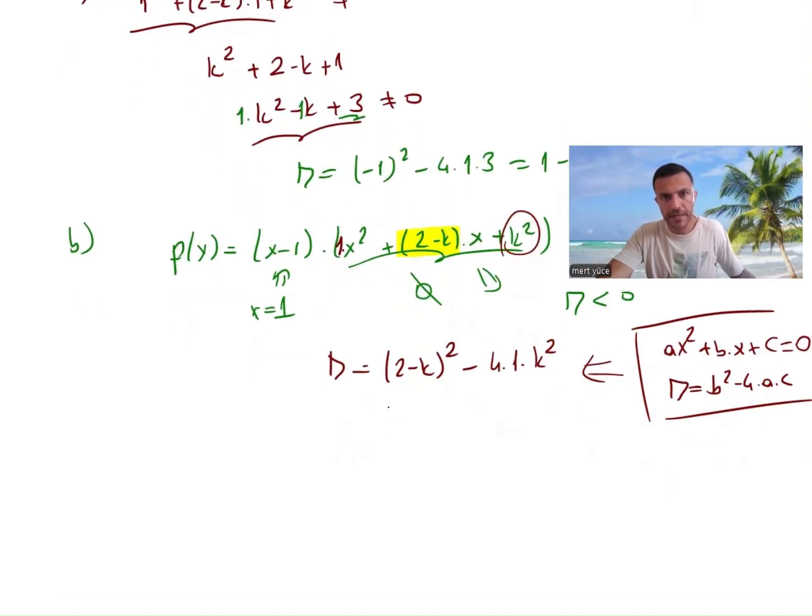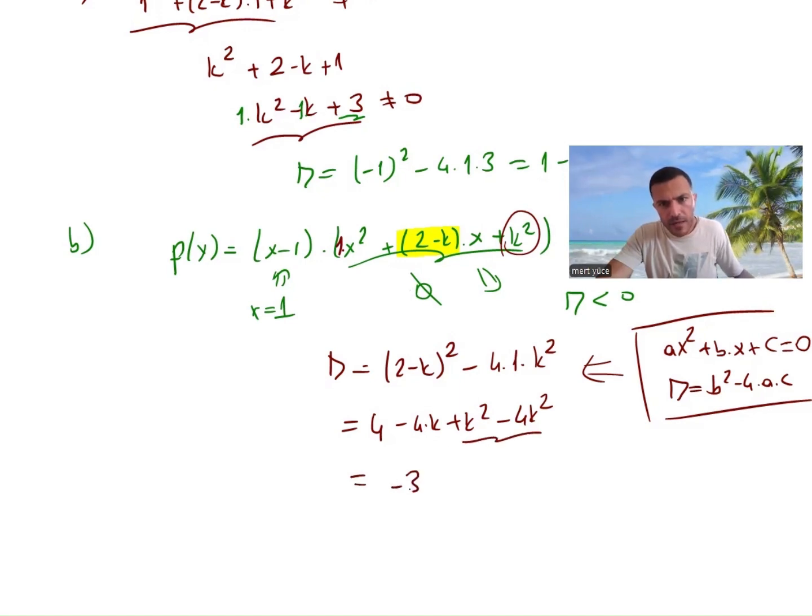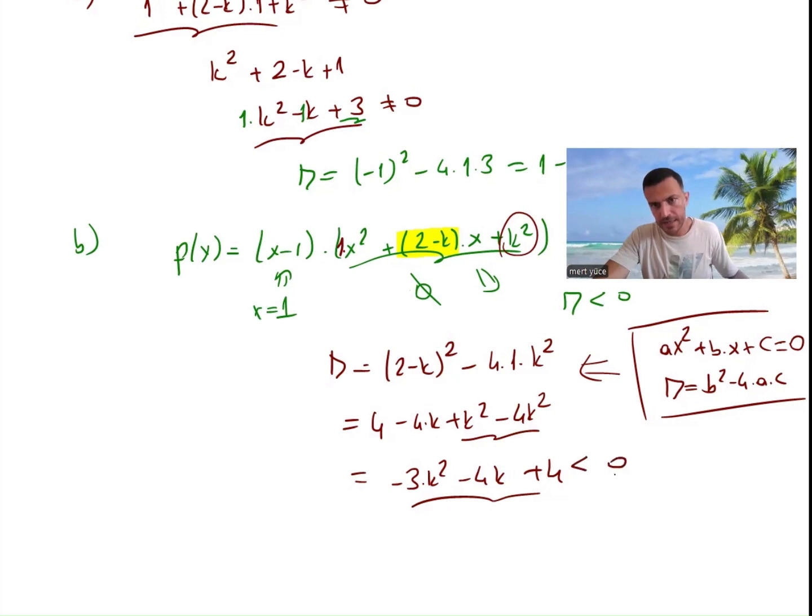So in this case, when we simplify this expression here, we'll see 4 minus 4 times k plus k squared minus 4 times k squared. And from here, minus 3 times k squared minus 4 times k plus 3. We are looking for this expression need to be less than 0.